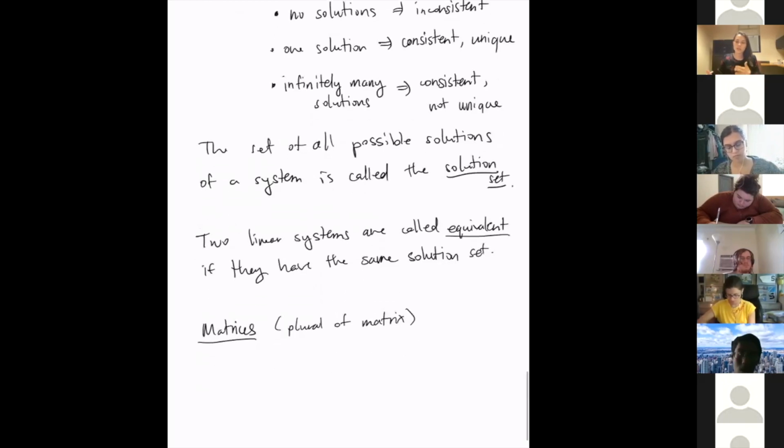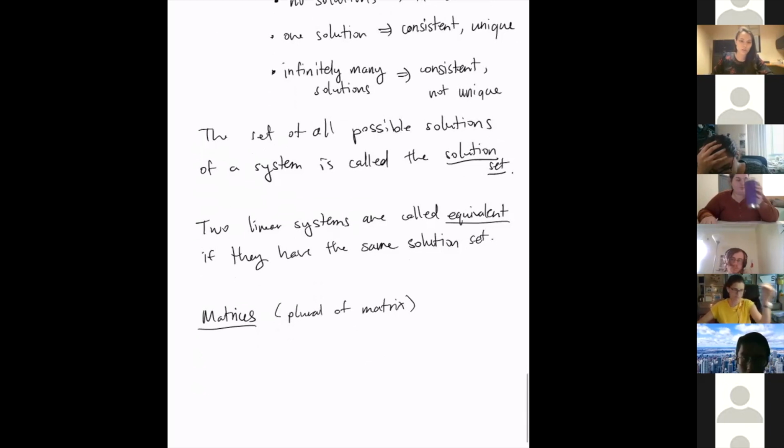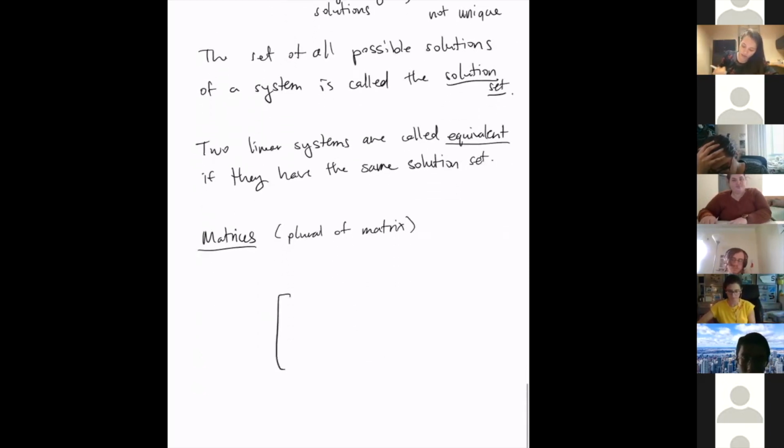Similar to an ordered pair, which you've dealt with in mathematics, it's just a way of arranging numbers. It's going to be really convenient for us to use in the context of linear systems to organize that information.